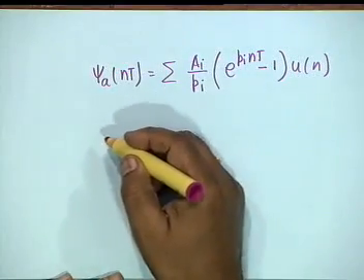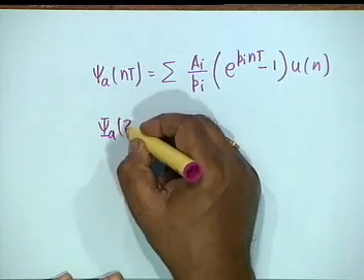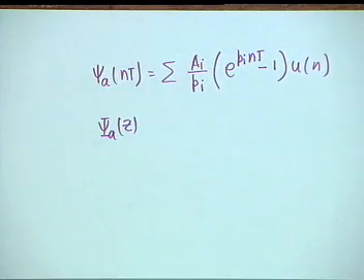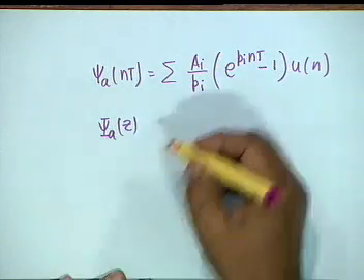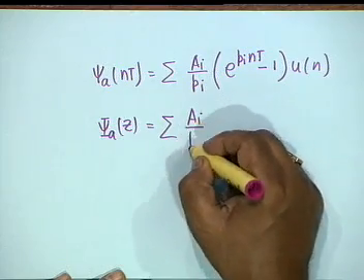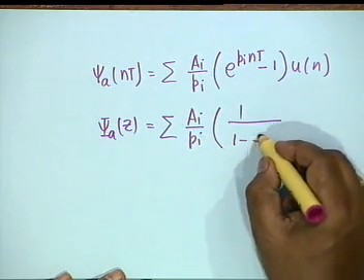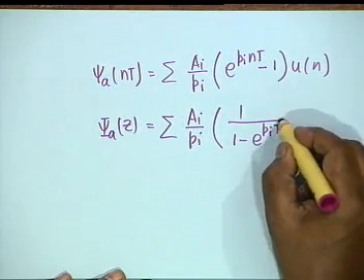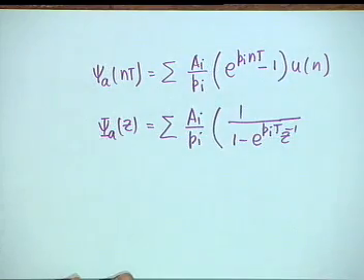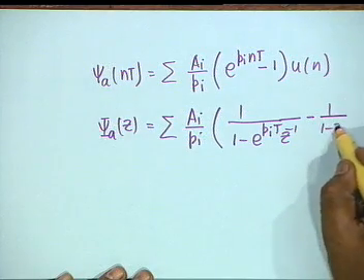All right. Now, if this is psi a of nt, then what is psi a of z, capital psi? Take the z transform, and I get a sub I divided by p sub I, 1 by 1 minus e to the pit z inverse for the first term, and for the second term I get 1 minus z inverse.